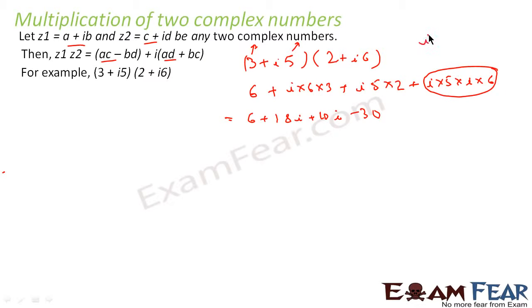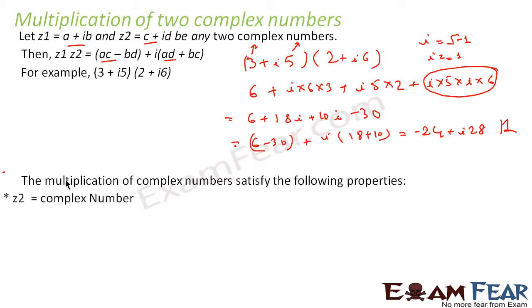Because 6 into 5 is 30 and i is equal to root of minus 1, as we have seen, so i square is equal to minus 1. So i into i becomes minus 1 and 6 into 5 becomes 30. So it is 6 minus 30 plus i into 18 plus 10. This is exactly what is written here: this is ac, this is minus bd, this is ad, and this is bc. You do not need to learn this; you can simply do the multiplication and you will get the answer. This is minus 24 plus i into 28, and this is the answer.